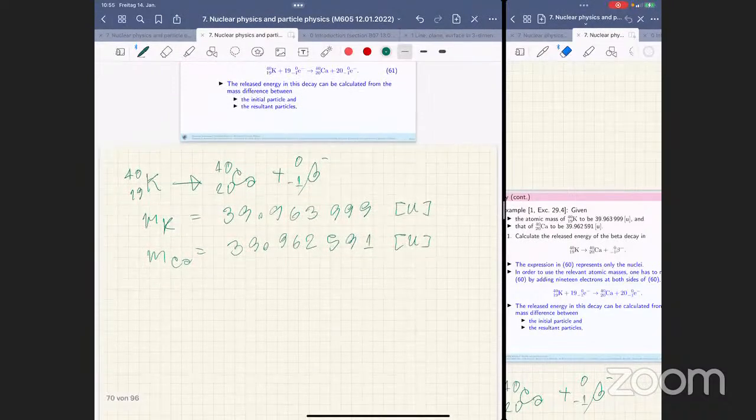Once you make the subtraction, you get the excess mass, which is the mass of potassium subtracted by the mass of calcium.